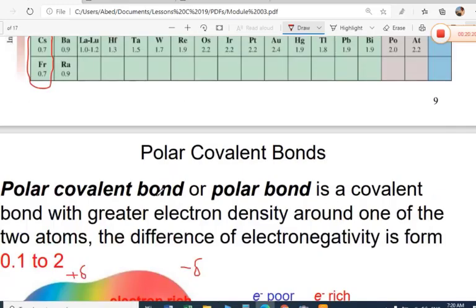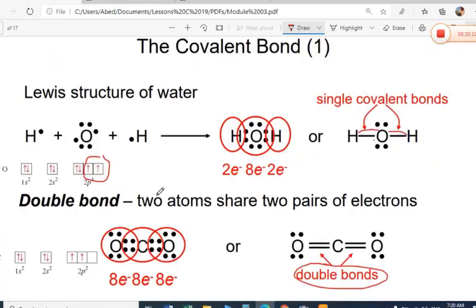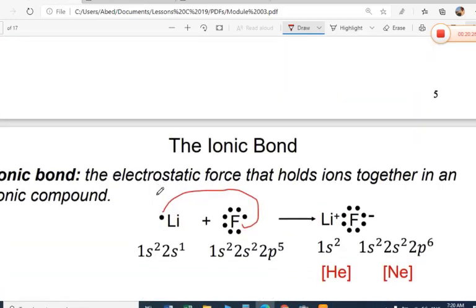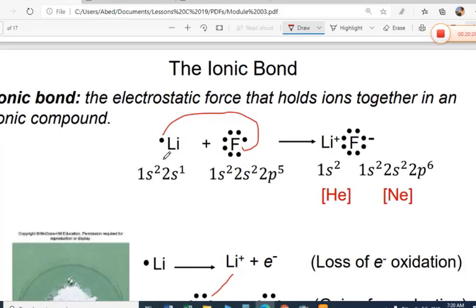In the ionic bond, let me tell you again, one thing I forgot to tell you: the ionic bond is formed between a metal and a non-metal. Lithium is a metal and fluorine is a non-metal. So I will write here, this is metal. Ionic bond is usually formed between a metal and a non-metal.